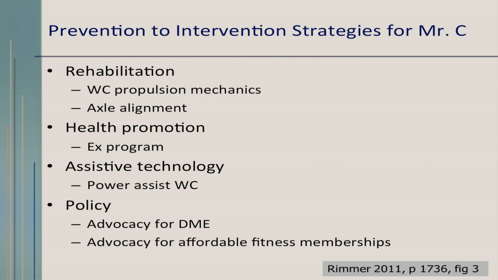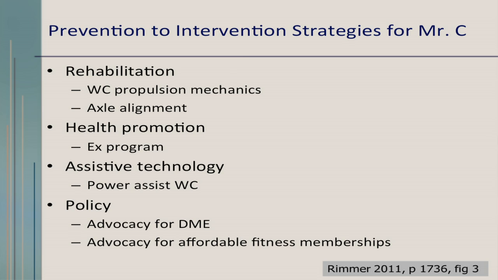So when we look at prevention to intervention strategies for Mr. C, we do want to help him heal from his current shoulder injury, but we also want to prevent future shoulder injuries as well as other injuries for him. So at the rehabilitation level, in addition to actually treating him for his shoulder pain, whether it's a tendonitis, bursitis, or whatever, he will need physical therapy for that, but we can also fully evaluate his wheelchair propulsion mechanics.